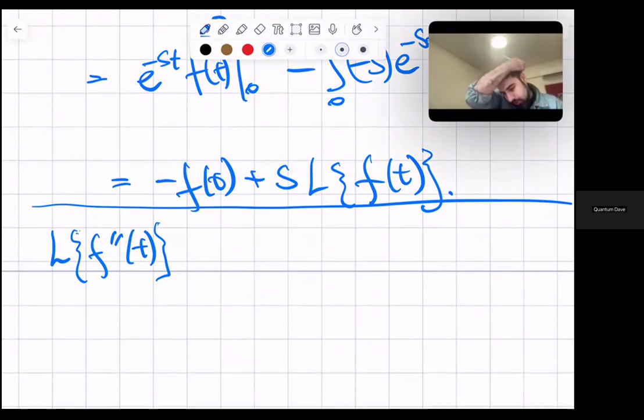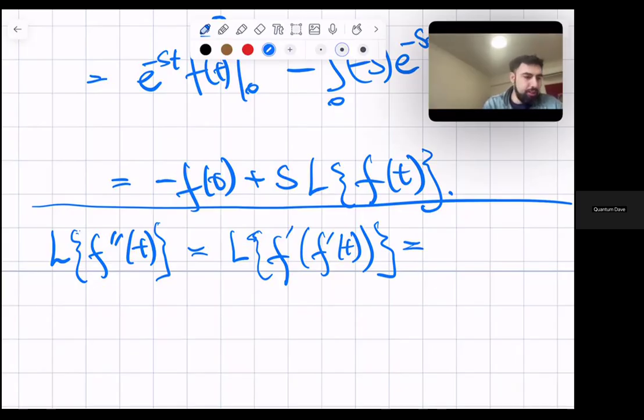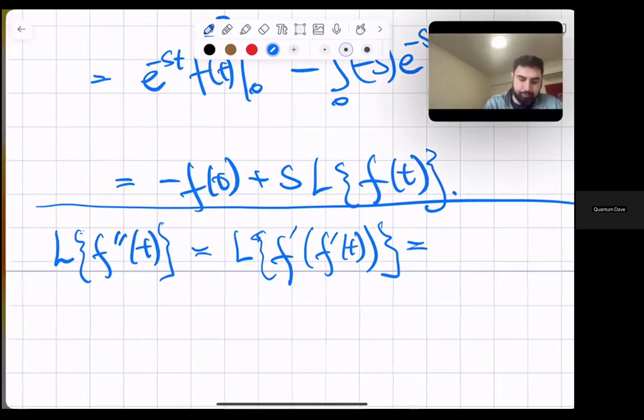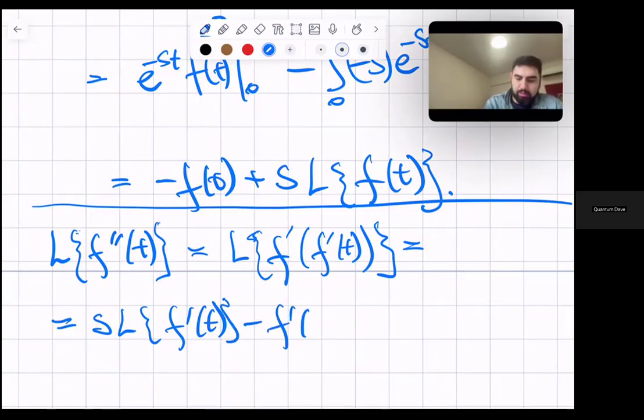Okay, so let's notice that the second derivative is like the first derivative of the derivative of f(t), and then we can use the previous result, and it will just give us s L of f derivative t minus f derivative at 0.